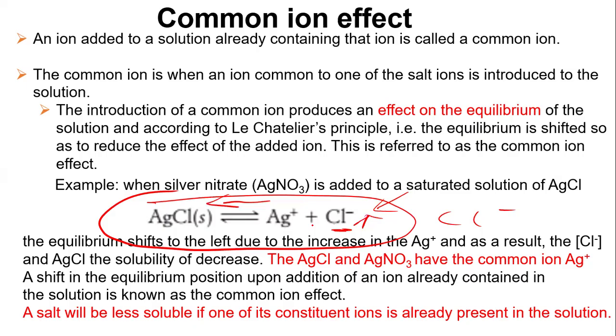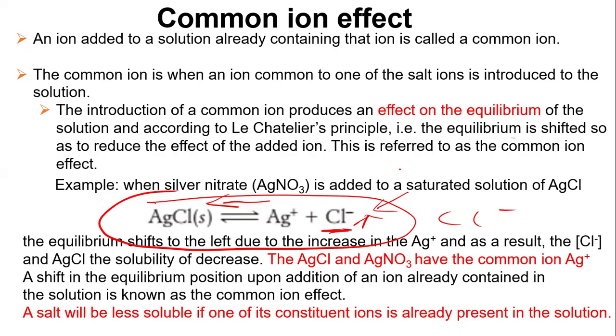Let me repeat it again. In this reversible equation, equilibrium has been established between silver chloride and its ions, right? Should I introduce a chloride ion into the medium, the chloride ion would increase the concentration of chloride drastically. Now, for the equilibrium to be maintained according to Le Chatelier, the equilibrium should shift to cancel out that effect.